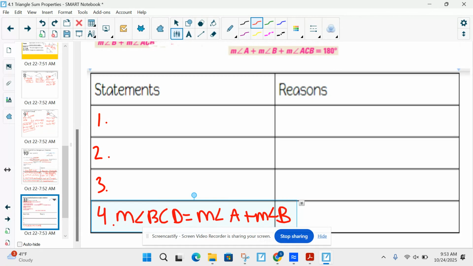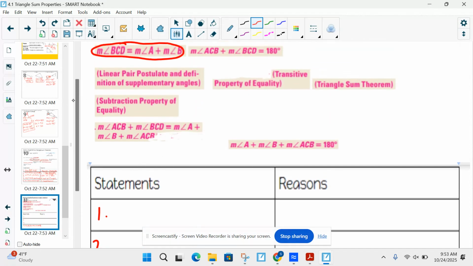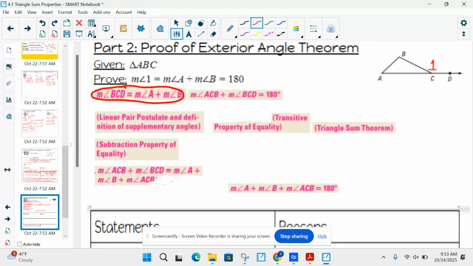And so for number 1, what do you want to say? Which one of these should we use? Hint, we now have proven the triangle sum theorem, so we can use it in proofs. Raylan?